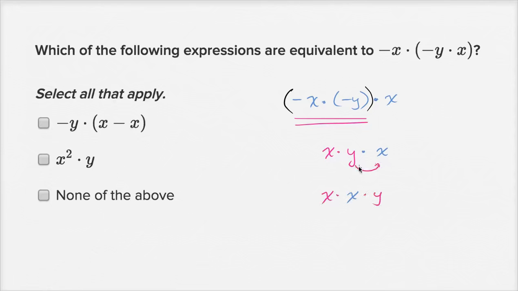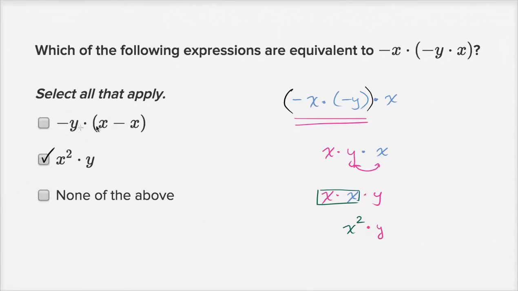All I did is I swapped these two. Once again, I can swap the order when I'm multiplying. And x times x, that's the same thing as x squared. So this is going to be x squared times y, which is exactly what we have over there.